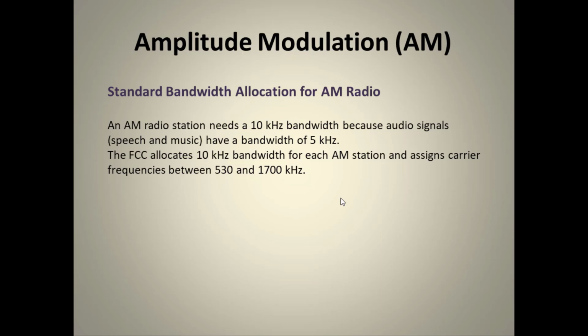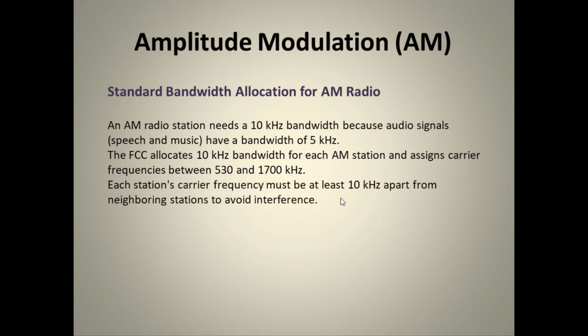This is universal throughout the world, that every AM station is allocated frequencies in this range. Each station's carrier frequency is 10 kilohertz apart, so that there is no interference.